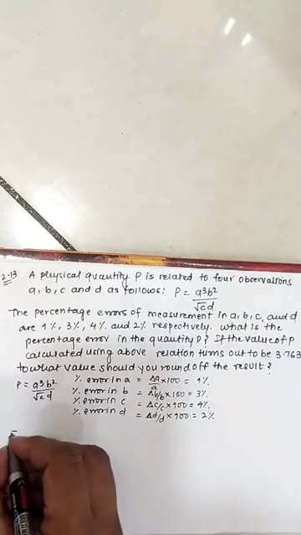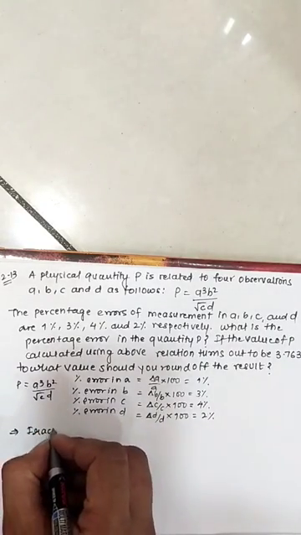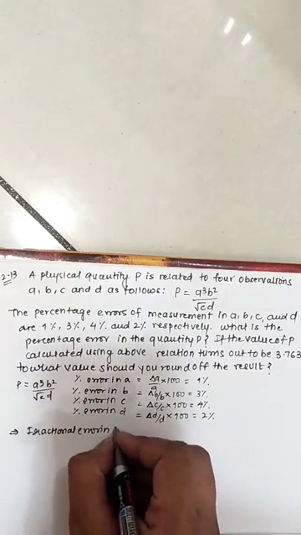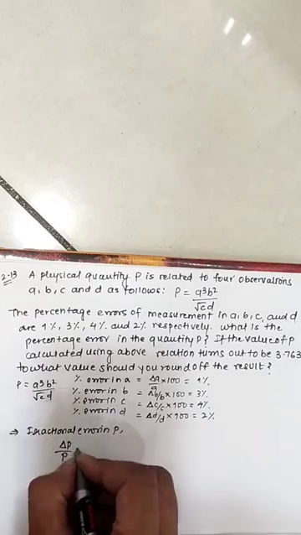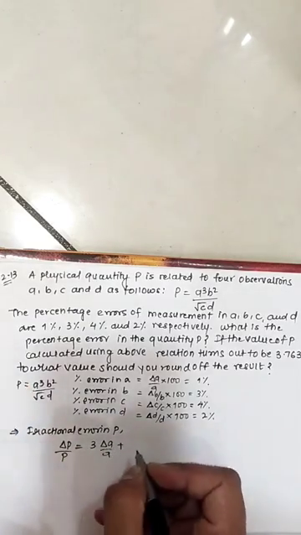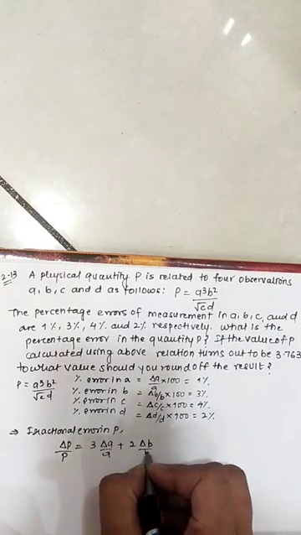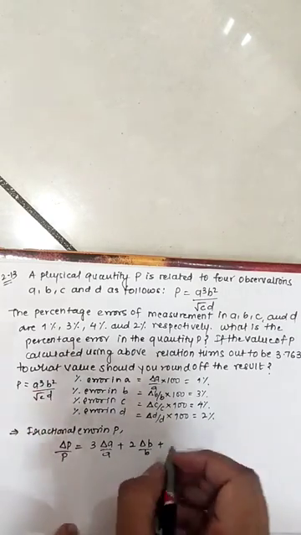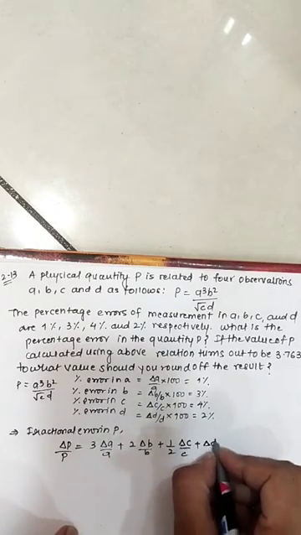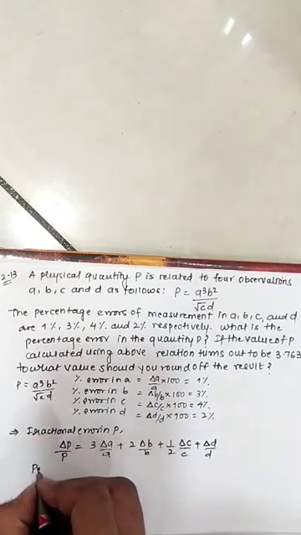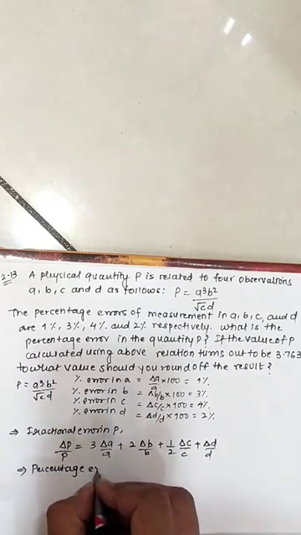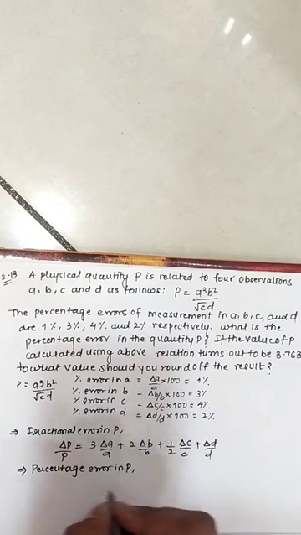Now first we can calculate the fractional error. Fractional error in P: delta P by P is equal to 3 will move out, delta A by A, plus 2 will move out, delta B by B. C square root means nothing but 1 by 2, so 1 by 2 delta C by C, and last is delta D by D. Now percentage error in P. Multiply both the sides by 100.